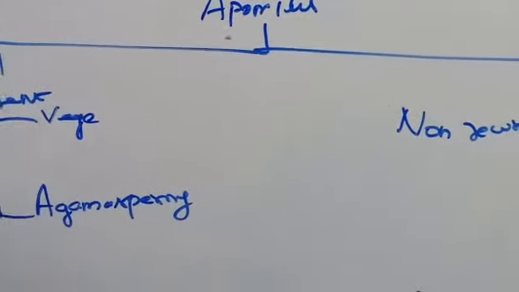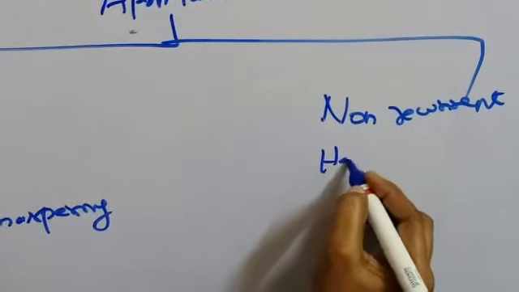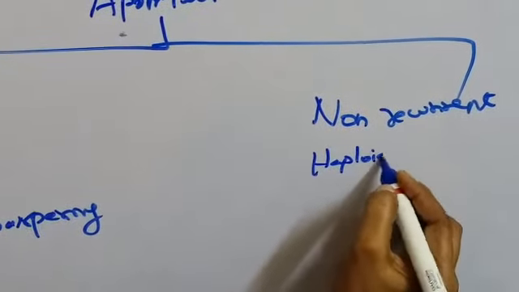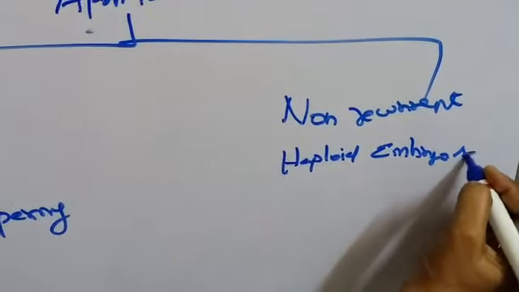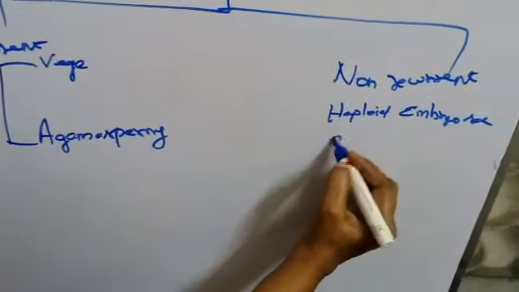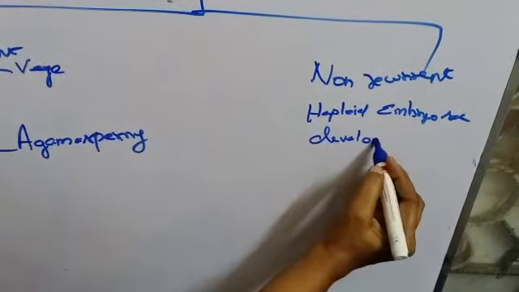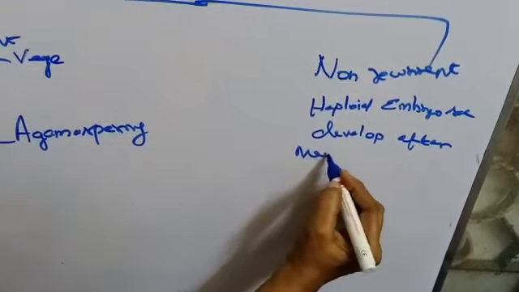Then what is non-recurrent? This is haploid. What develops? Haploid embryo sac. The haploid embryo sac develops after what division? Meiotic division.